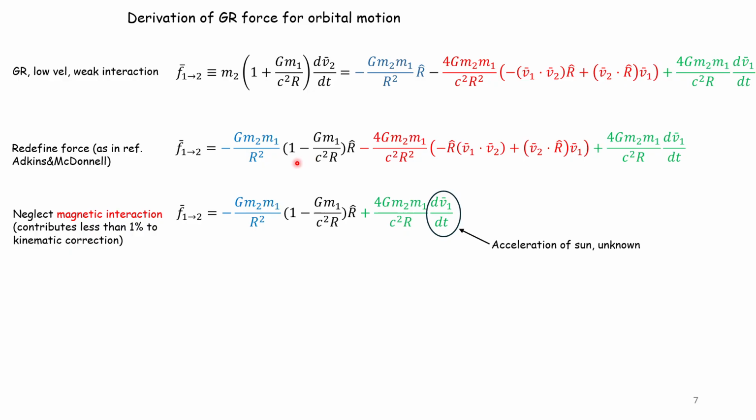Then it appears only here in the static term, because for the other two effects, we will get terms 1 over c to the fourth power, and that we neglect. So this is our new force. We have redefined the force now. So we have a Newtonian force here, as what they deal with in this reference.